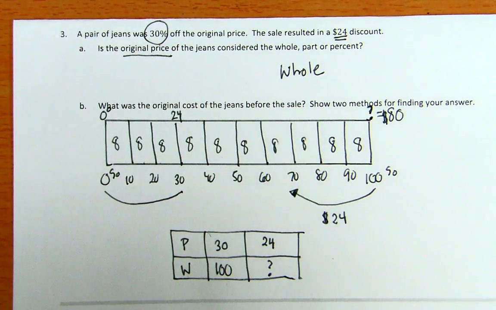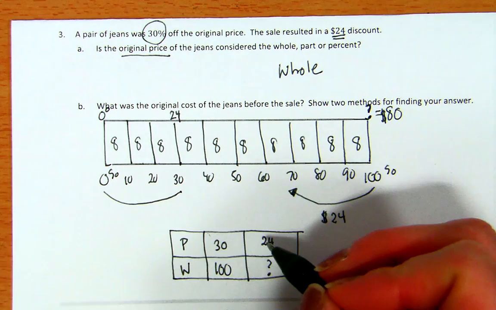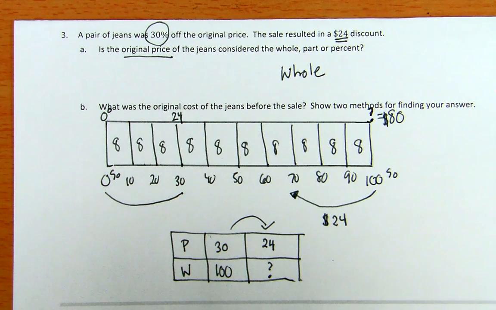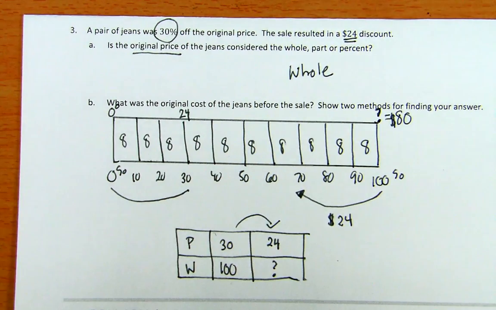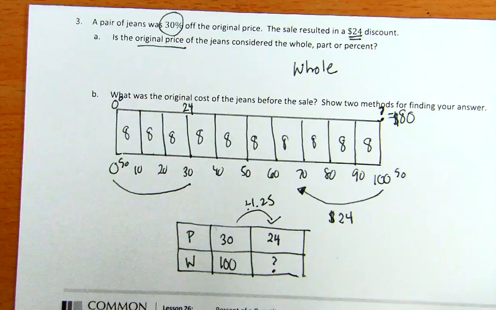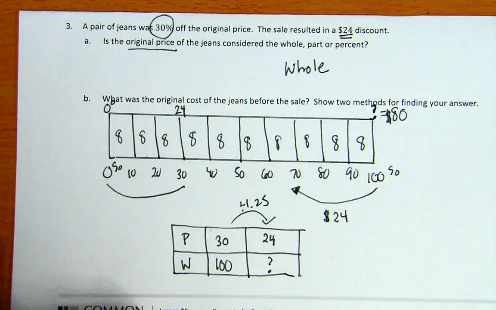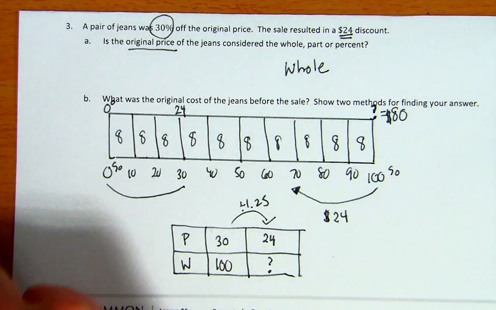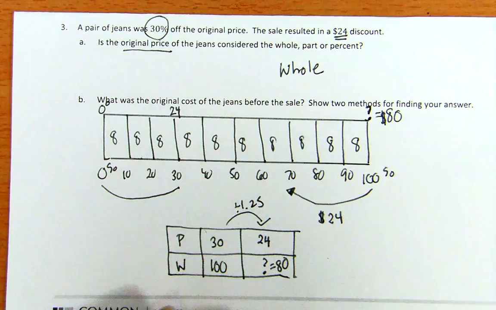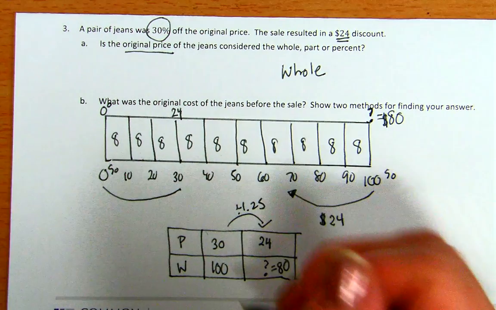So what does that get us? This is really tricky to do, right? Because we're going from 30 to 24. So 30 divided by 24, 1.25. So we have to divide by 1.25 to get here, right? So I would have to divide 100 by 1.25. And what do I get? $80. So divide by 1.25.